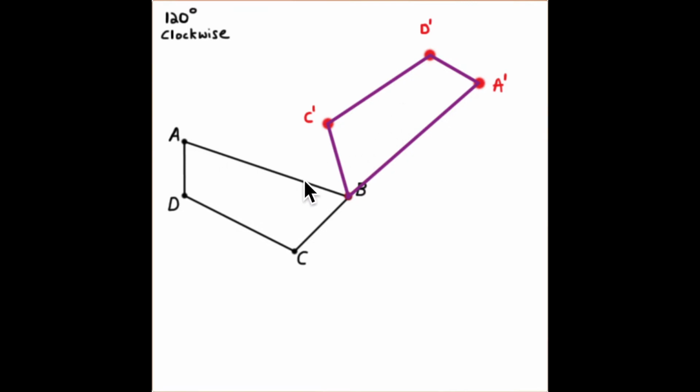And now look at A to B and B to A prime, you can imagine that that's 120 degrees. Look at C to B, B to C prime, again 120 degrees. And if you can imagine this diagonal B to D and B to D prime, that is also 120 degrees.